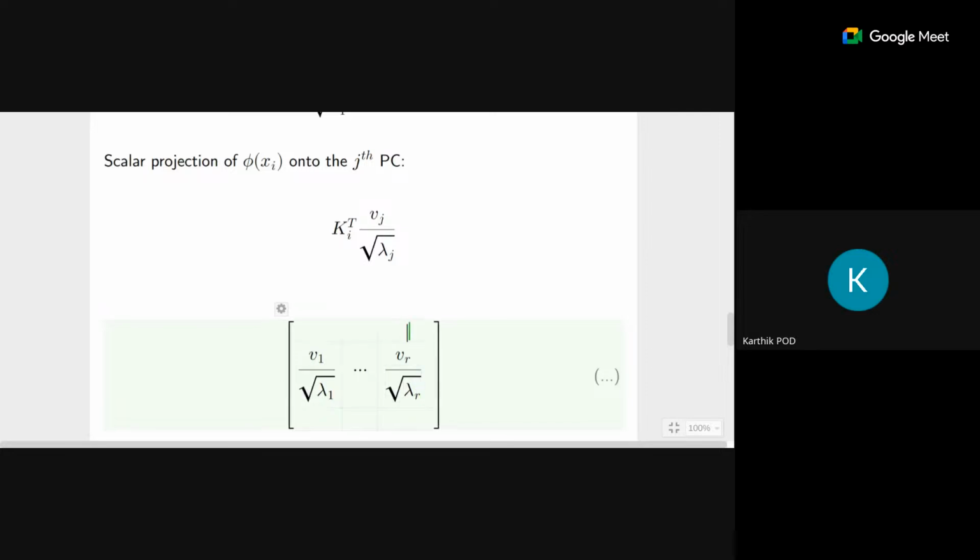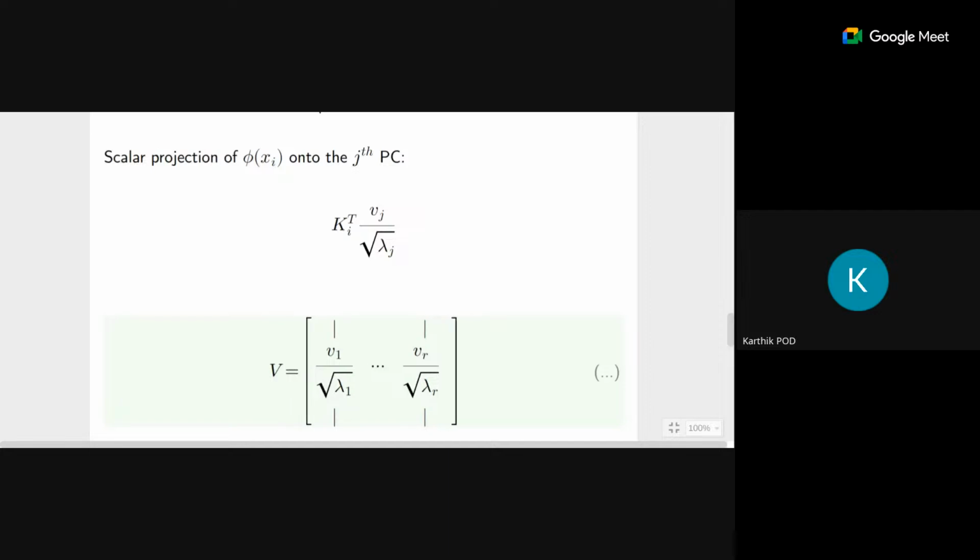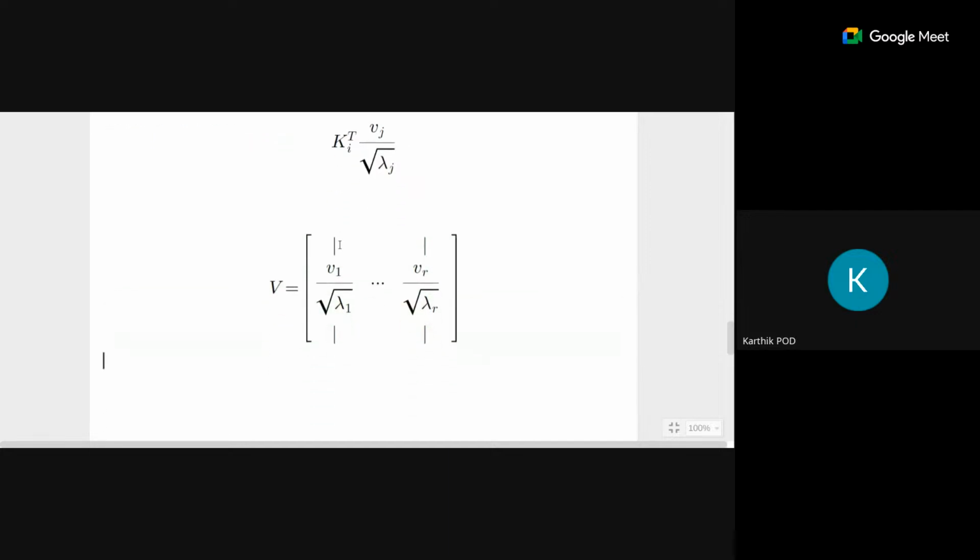There are r eigenvectors of the kernel matrix K. I'm adding all of them into a matrix and calling this matrix capital V.